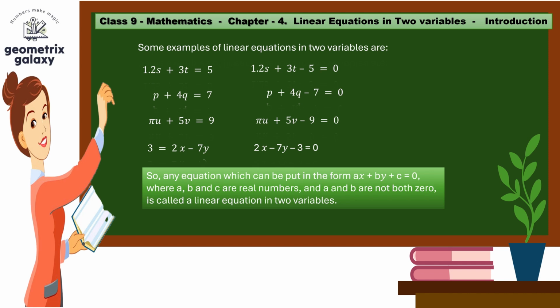You need to concentrate on the point why they say a and b are not both 0. Here a is the coefficient of x and b is the coefficient of y. If a is 0, then the x term will not exist, and if b is 0, the y term will not exist. Therefore, it cannot be a linear equation in two variables. Therefore, a and b should not both be equal to 0.